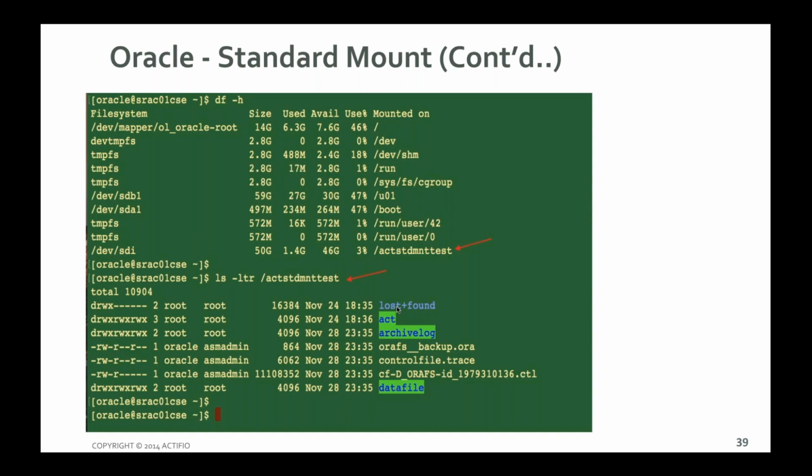When Actifio is mounting the staging disk and creating the ASM disk group, if you want to give a specific name, you have an option on the mount screen to provide the name. If you are not providing a name, we will create ACT underscore db name. Else we are going to obey your parameter setting, because you are giving a name to your ASM disk group, and we will create the ASM disk group by your name setting.